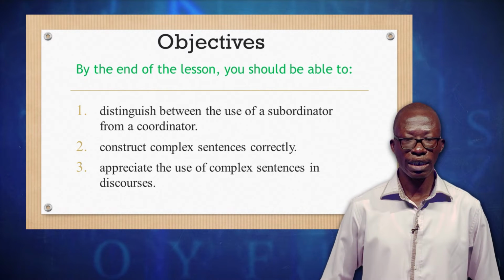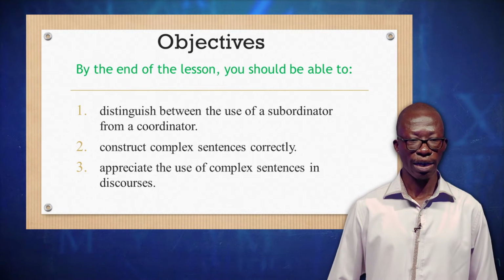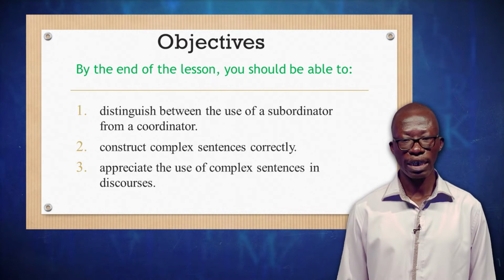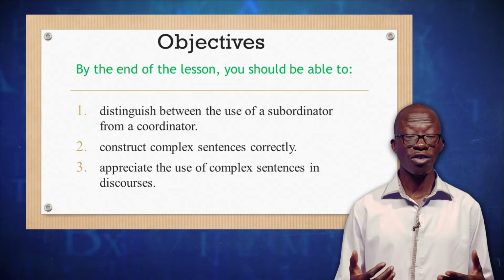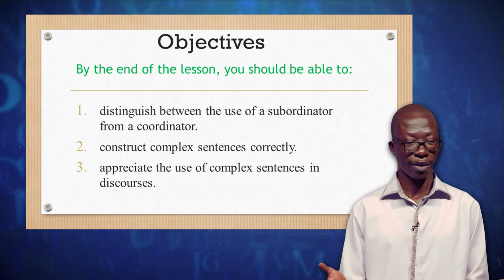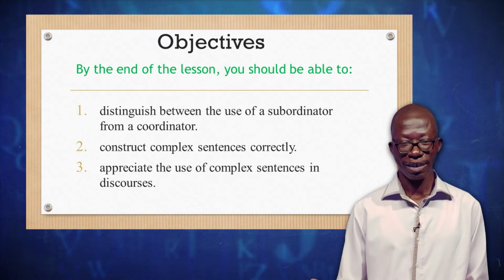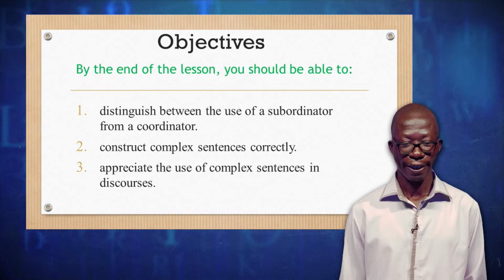Construct complex sentences correctly. And 3. Appreciate the use of complex sentences in discourses. When we use discourses, we are just trying to refer to discussions, write-ups, passages, stories, dialogues. They're all termed discourses.